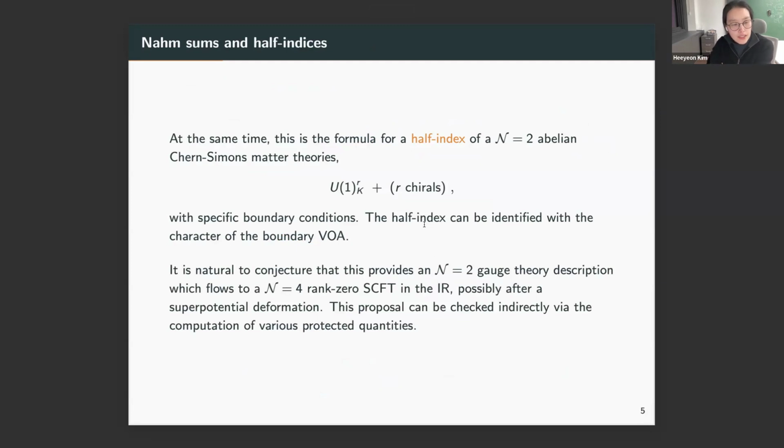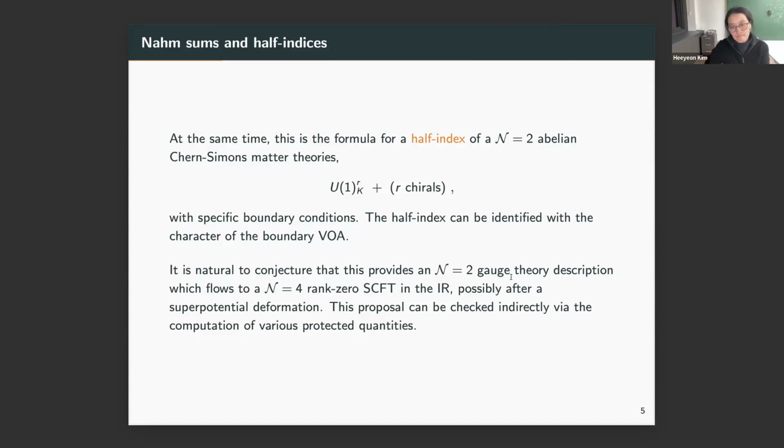Then from the relation that I mentioned between the rational vertex operator algebras and the 3D N=4 rank 0 theories, it's natural to conjecture that this provides some sort of generalization of the simplest N=2 gauge theory description, the UV gauge theory description that I showed you in the beginning, so that it provides an N=2 gauge theory description that flows to an N=4 rank 0 SCFT in the IR, possibly after some superpotential deformations.